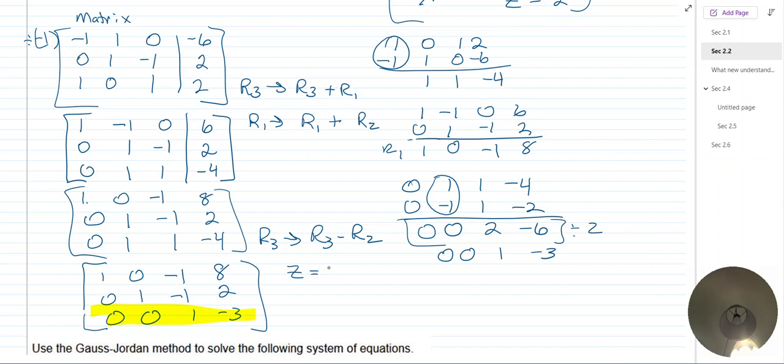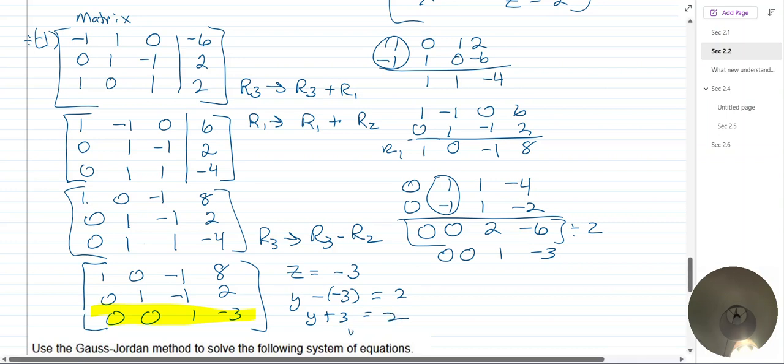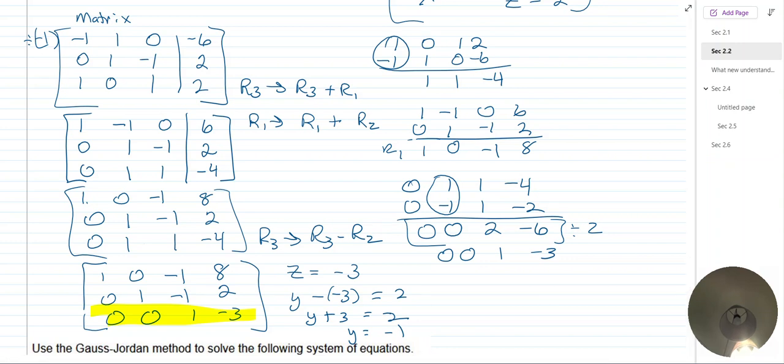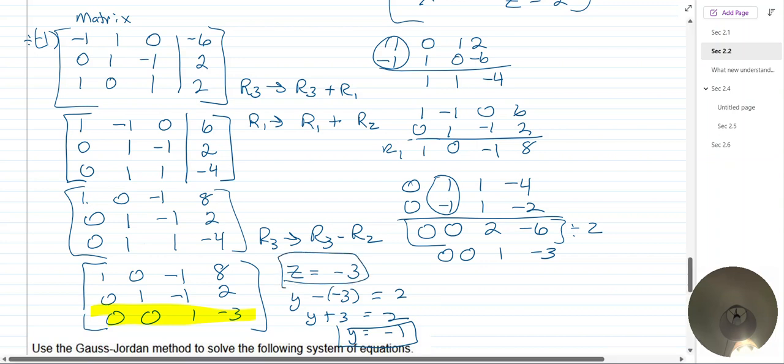Z equals -3. So if I have y minus a -3 equal to 2, well then y plus 3 equals 2. Then I subtract it, then y equals -1. And so now we have what y is, because once we have one solution, we can go to the rest.